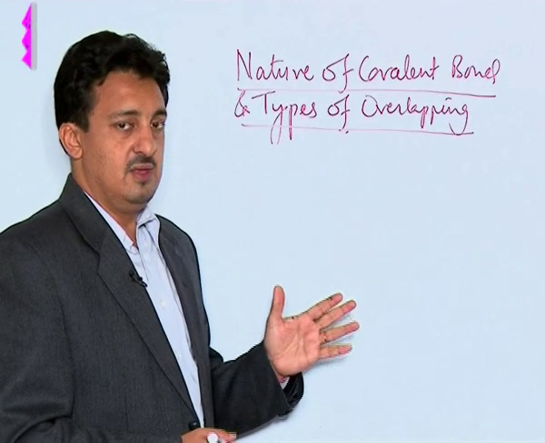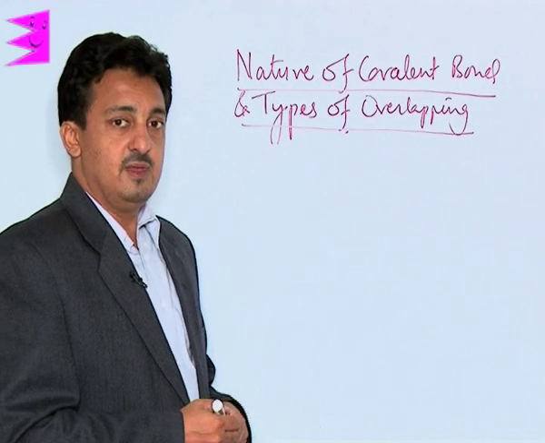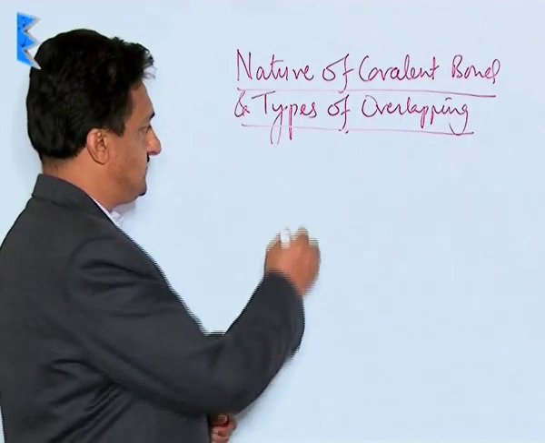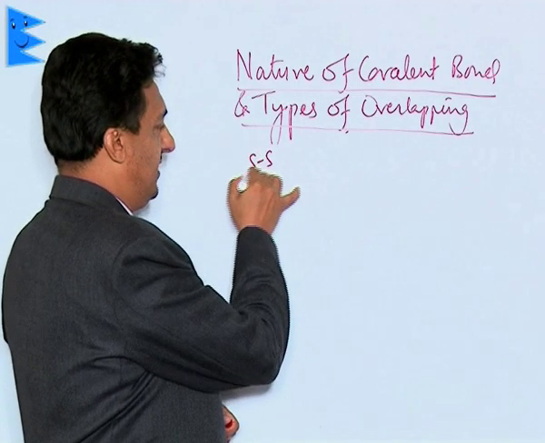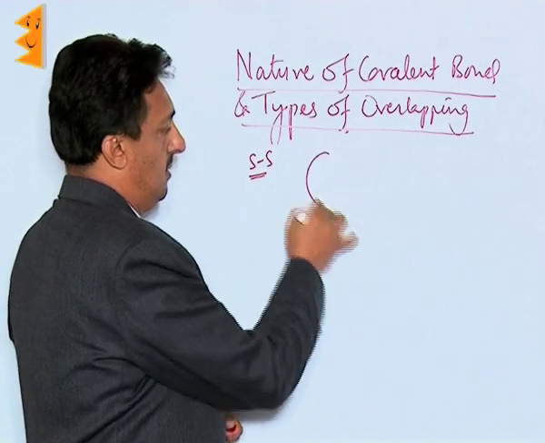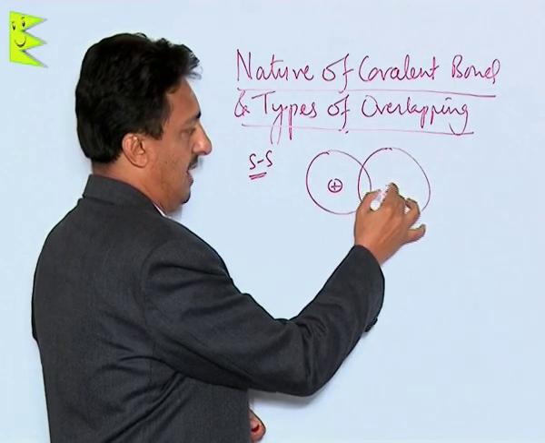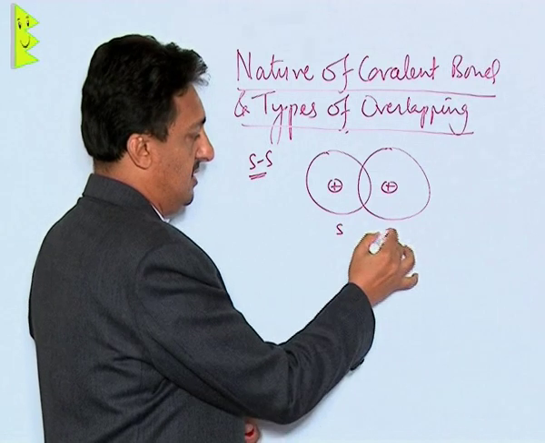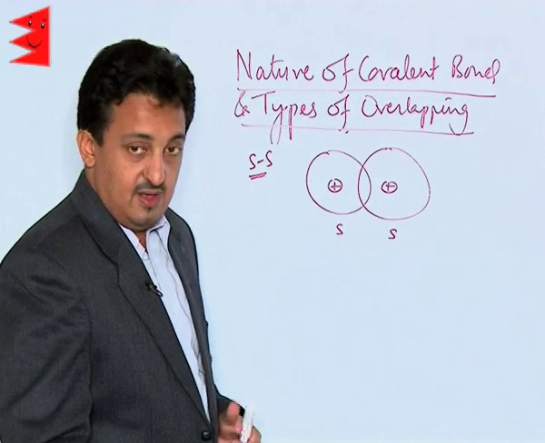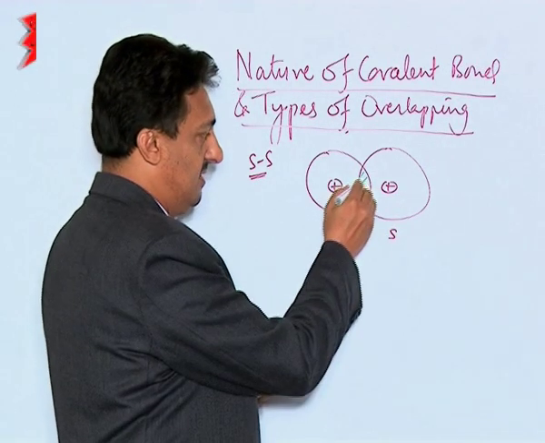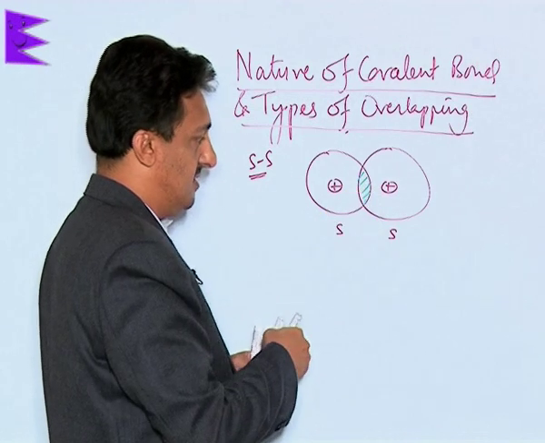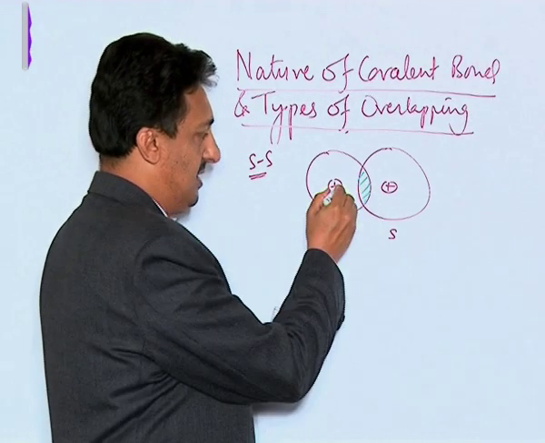Let us see now how these sigma bonds are formed by the overlapping of the orbitals. Let us take first s-s: 1s of one of the atoms overlapping the s of the other atom. This is the area of overlapping along the internuclear axis.